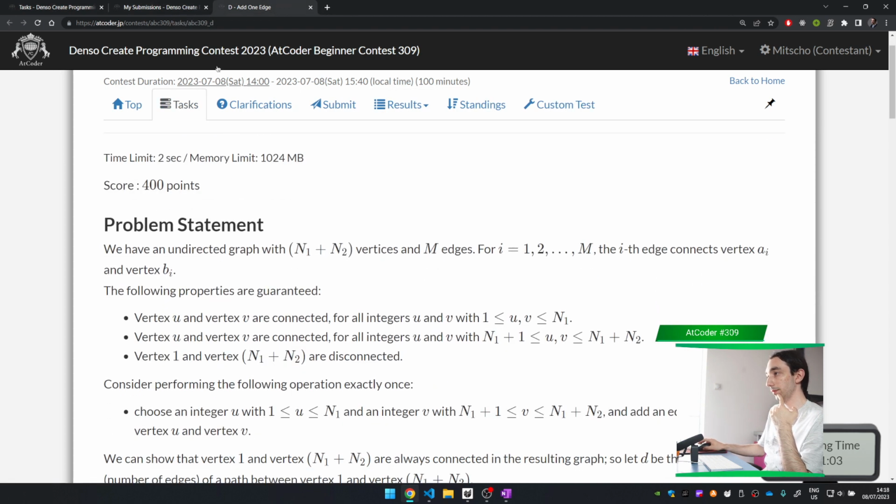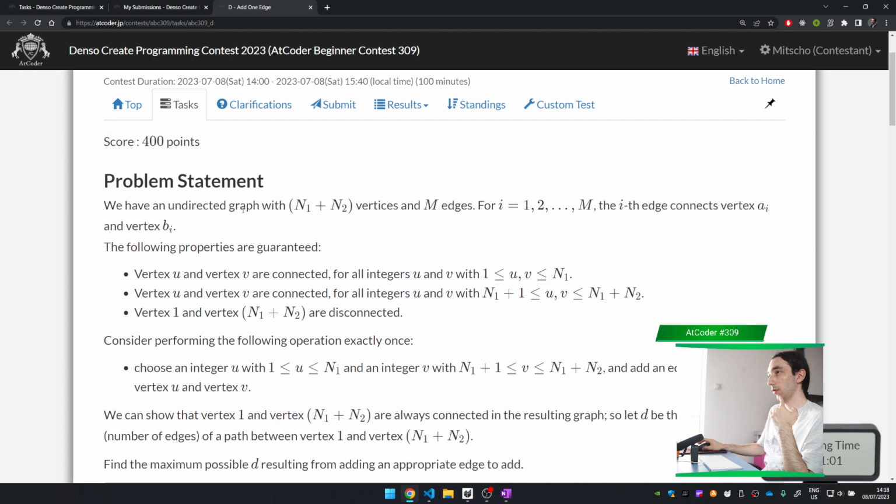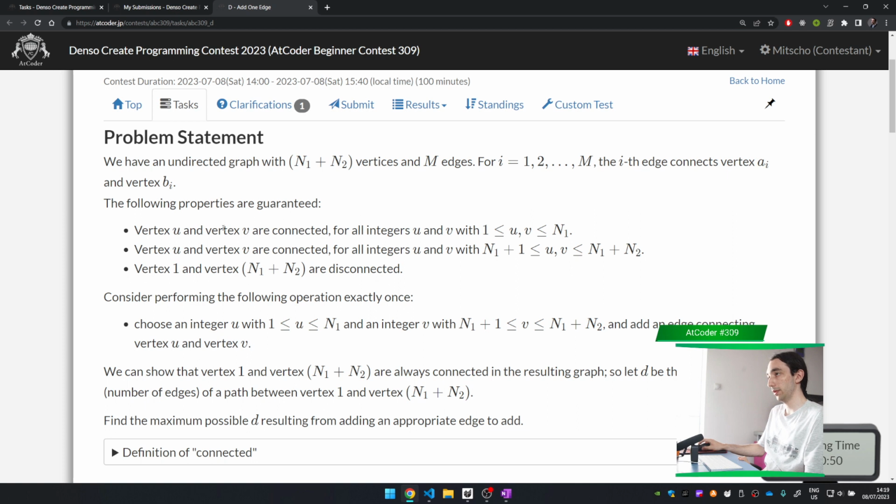Okay, so D. We have an undirected graph with N1 plus N2 vertices and M edges. The following properties are guaranteed. Vertex u and vertex v are connected for all u, v in the N1.